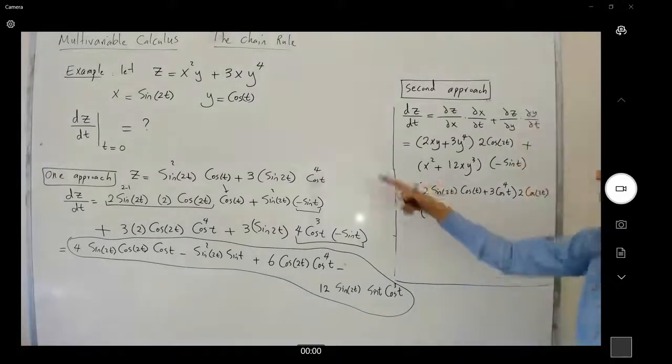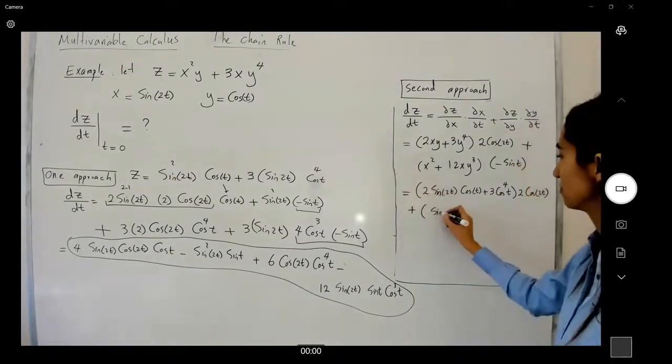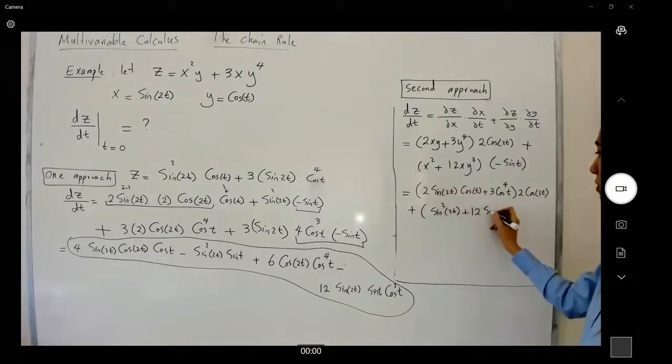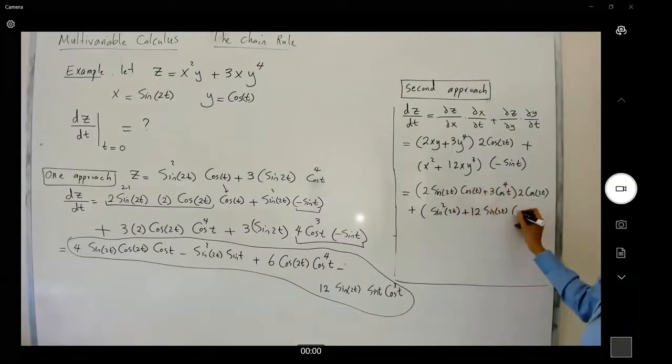Plus x squared, which is sine squared 2t, plus 12 sine 2t, y to the third, cosine to the third of t, and here we close the parentheses, times minus sine t.